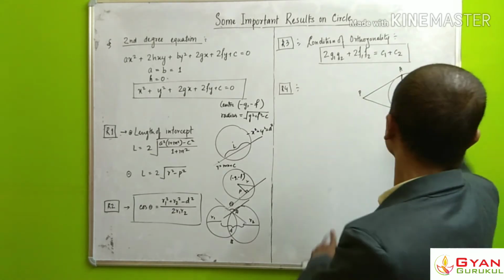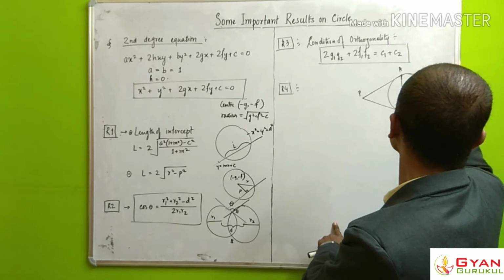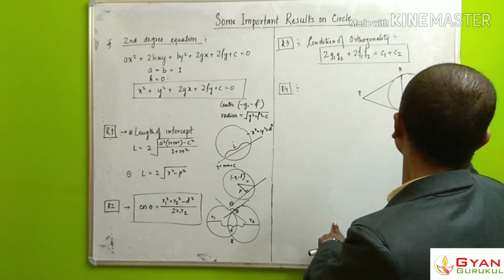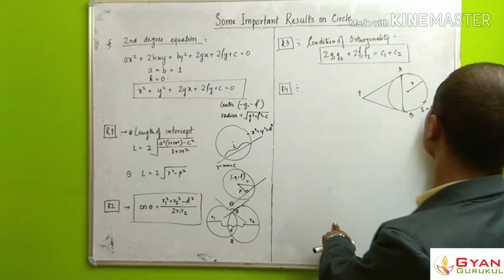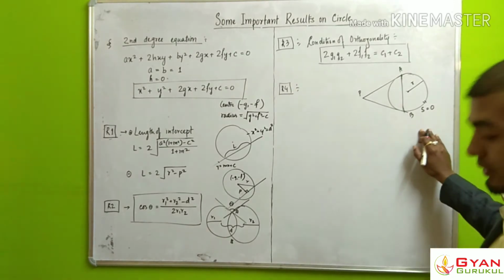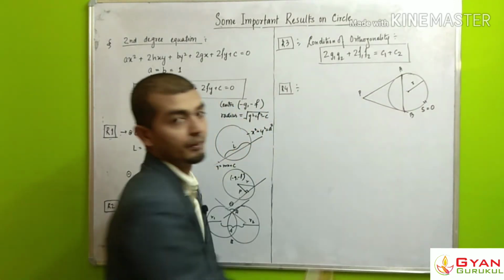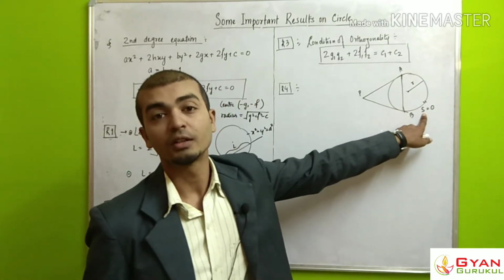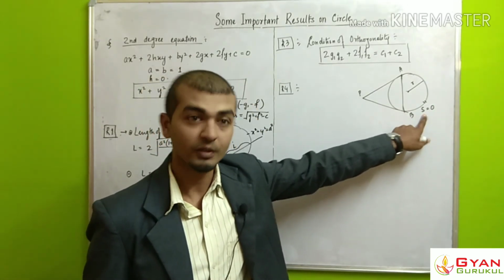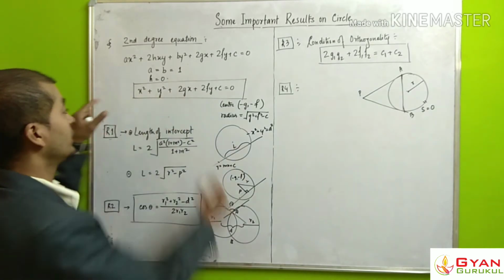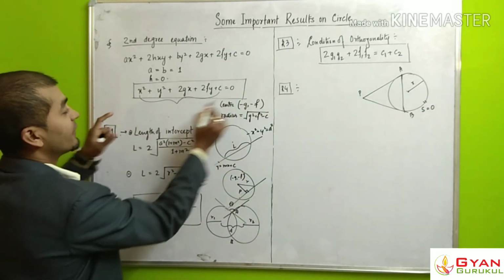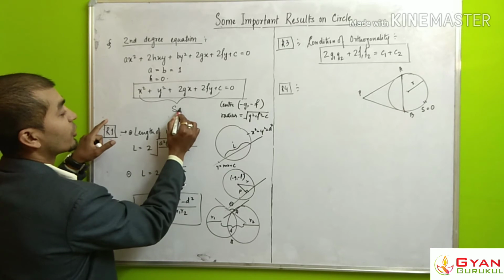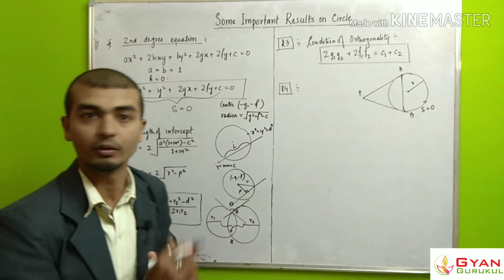Then suppose the radius of this circle is R, and the equation of the circle I am signifying by S equals 0, instead of writing the whole long thing. This entire left hand side we denote in shorthand by S equals 0.